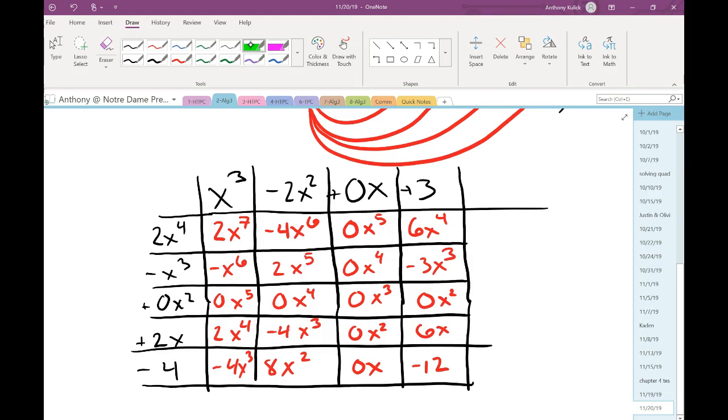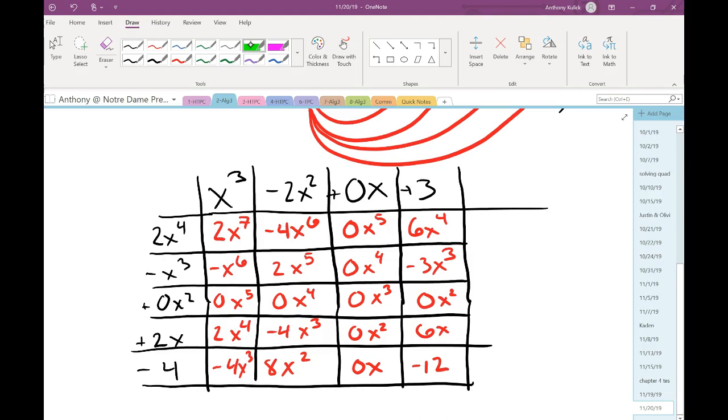Same thing for the next two columns. What else? What happens as you go from left to right? The exponent also decreases as we go from left to right. If I look at the first row, I go x to the 7th, 6th, 5th, 4th.